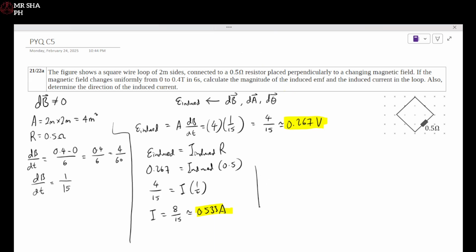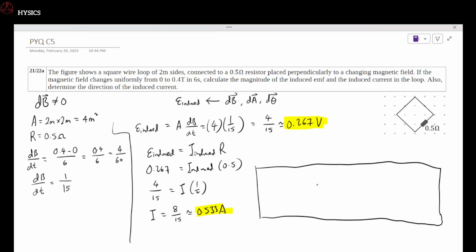Okay, and last but not least, I want to look at Lenz's law. I want to know the direction, right? And to do this, I do a simple table where I can see that the original magnetic field is pointed into the page, right?